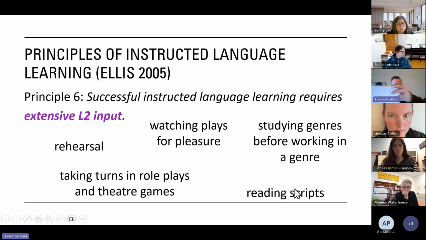We can read scripts and analyze scripts. I think a table read of a script is a fine drama activity. Whether the students are going to be performing it or not later, just a table read where we sit down and go through a script together and talk about the emotions. Studying genres before working in a genre, all of these things, I think, provide opportunities for extensive L2 input.